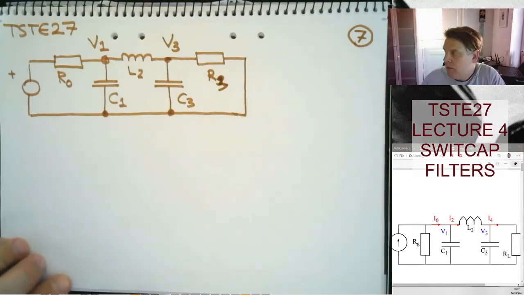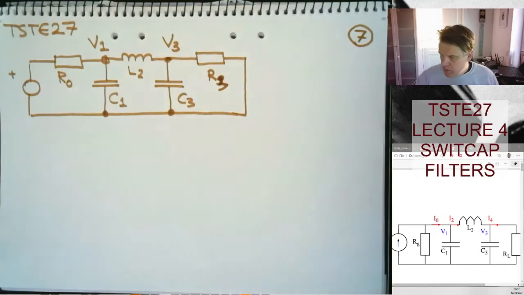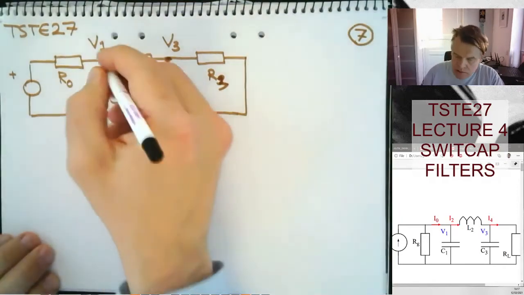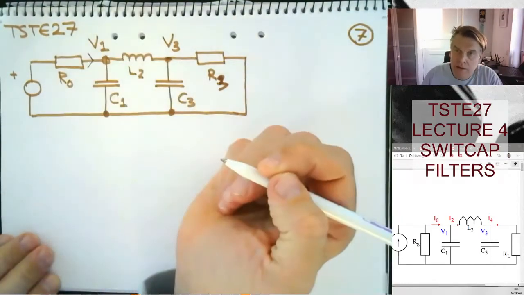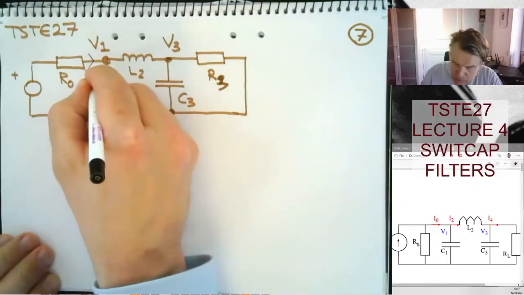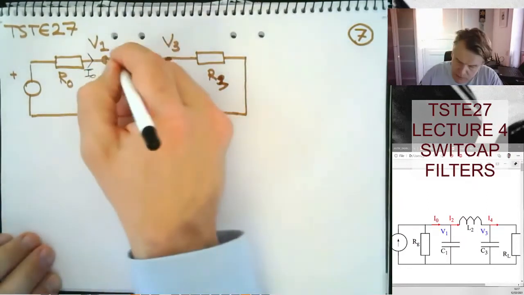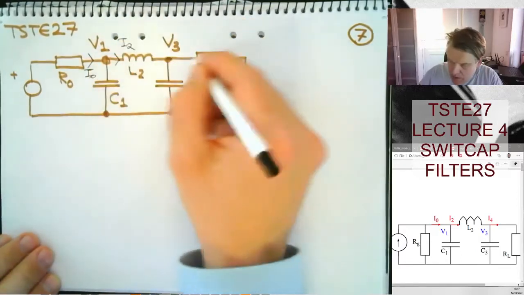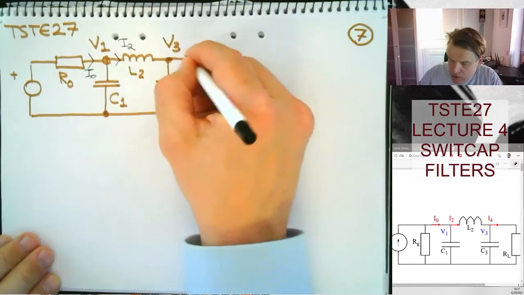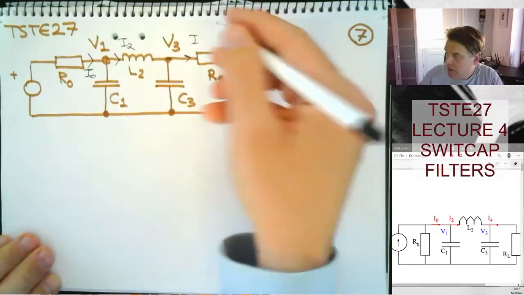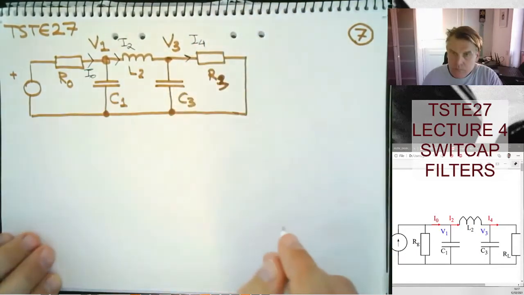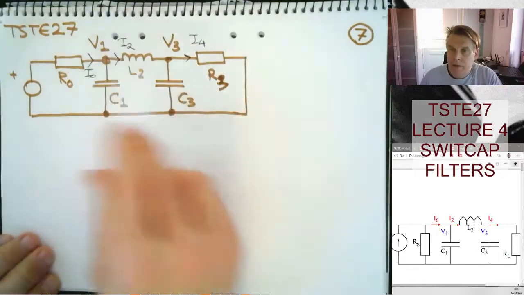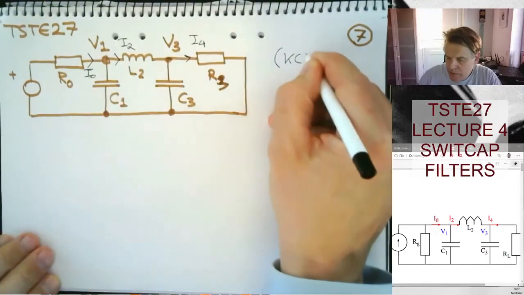All right, so we introduce some currents into this diagram. Let me use another pen. I'm simply going to add a current here, I naught. I introduce a current here, which I call I2, and a current here, which I would call I4. And then we're obviously going to use KCL.